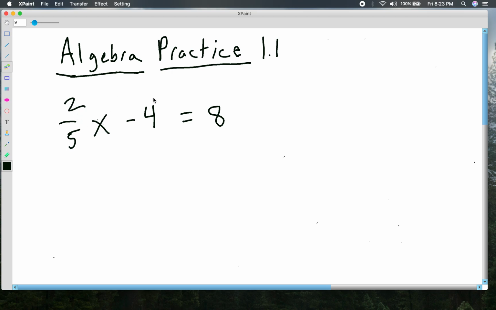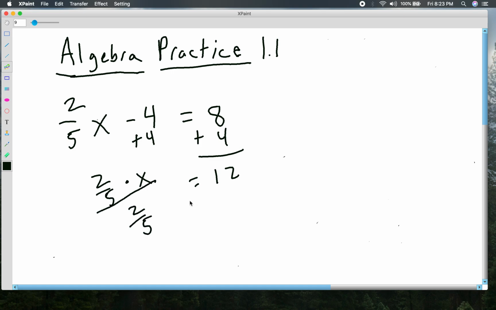So 2/5 x minus 4. Remember, let's start by getting rid of that 4. 12 equals 2/5 times x. Well, we have to divide by 2/5, which is the same as multiplying by the reciprocal, which is 5 over 2.